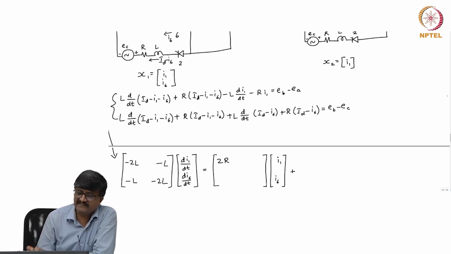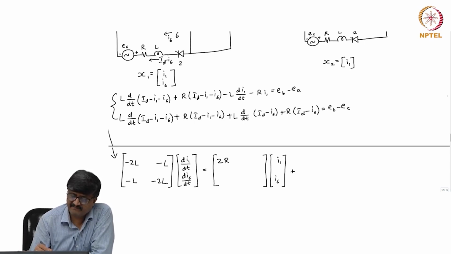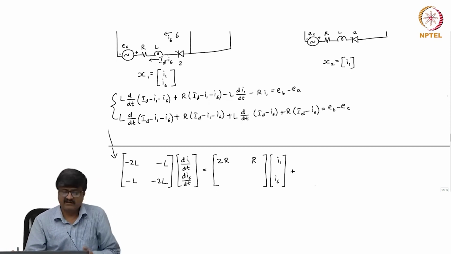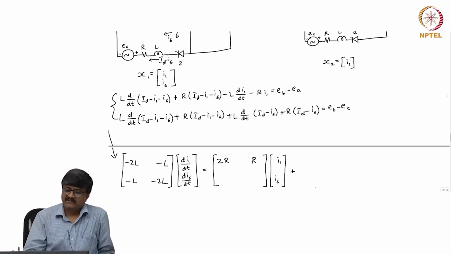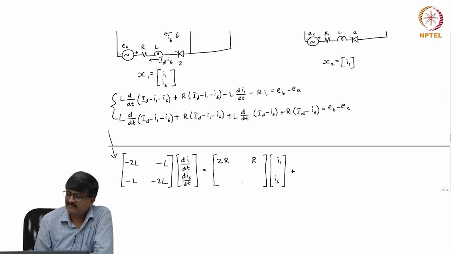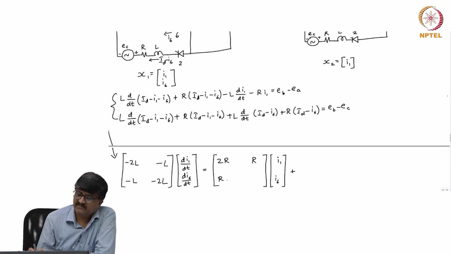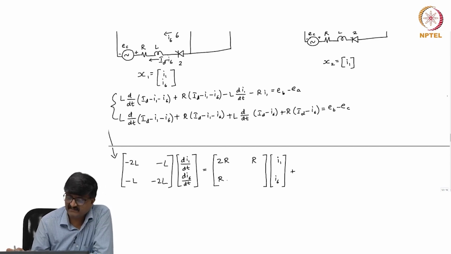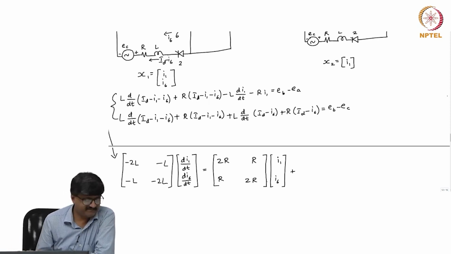The coefficient of I6 in the first equation is minus R, so on the right hand side it is R. In the second equation, the coefficient of I1 is minus R, so on the right hand side it is R. The coefficient of I6 in the second equation is minus 2R, so on the right hand side it is 2R.